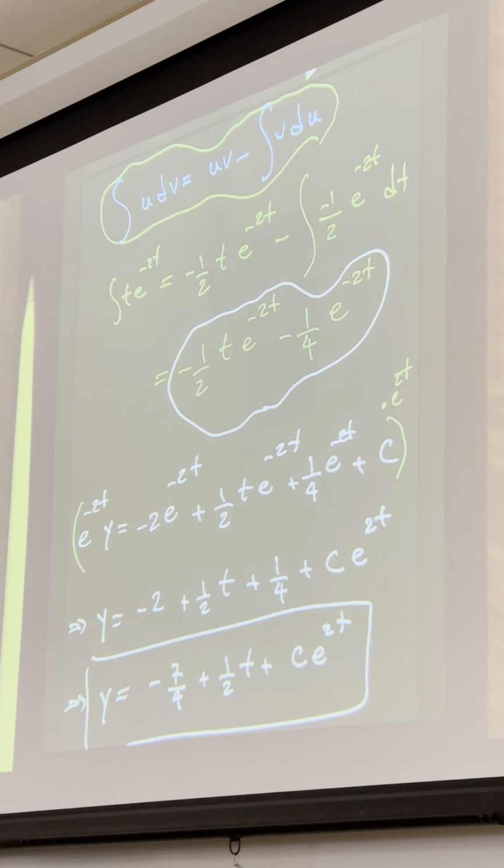It's so detailed. You need to know all the techniques. On the other hand, if you're good at calculus 1 and 2, you will be very good at this, because this is a very mechanical type of math.